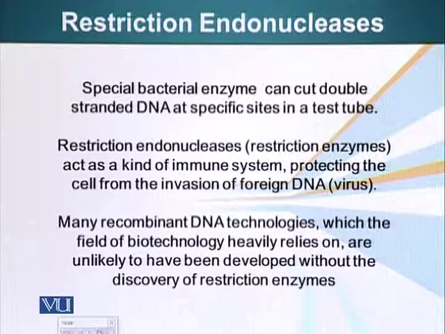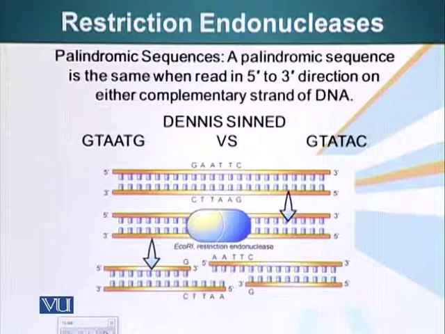These enzymes act as a sort of immune system of bacteria, protecting against the invasion of foreign DNA or viruses. Many recombinant technologies which have been invented in the field of biotechnology heavily rely on the discovery of restriction enzymes. So it's very important.